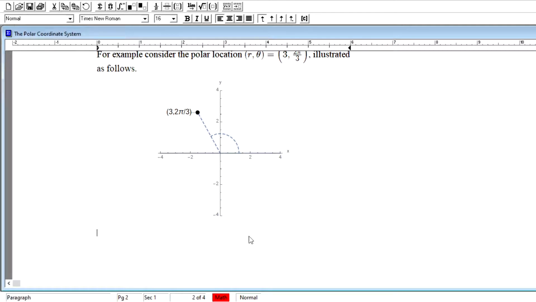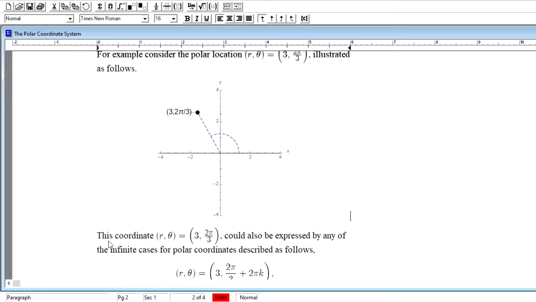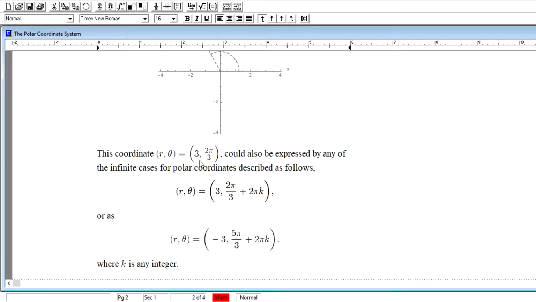If we were to put those values of r and theta into those formulas, this coordinate r comma theta equal to 3 comma 2 pi over 3 could also be described by either this description of r comma theta or this description of r comma theta, where you'll notice this first description considers r still being positive 3, but being at some number of revolutions around the origin before considering this location at 2 pi over 3.